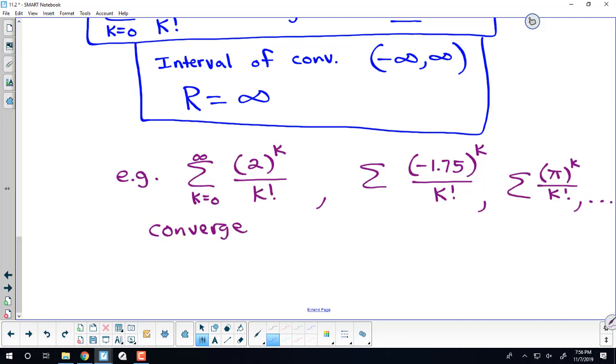So we've just proved that that series converges for any input. For any x you plug into that series, they will all converge.